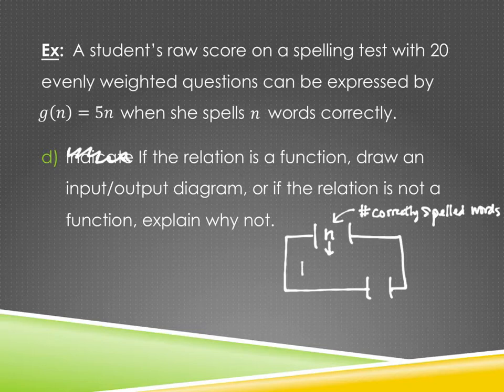It goes into a function who has a name, and the rule's name is rule G. It's just what it's called. So in the middle, you're always going to write rule, whatever the function's name is. Rule G, rule F, rule K, whatever. And then the output over here is G of n. And a descriptive phrase there, too, is that this is the raw score.